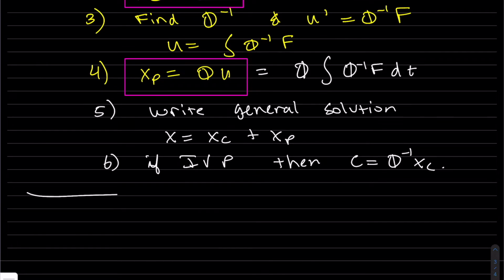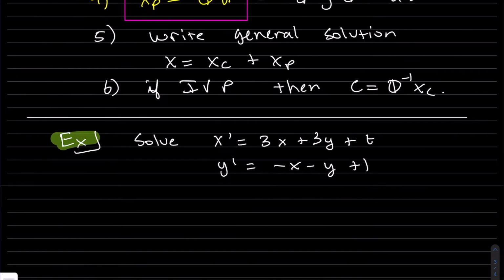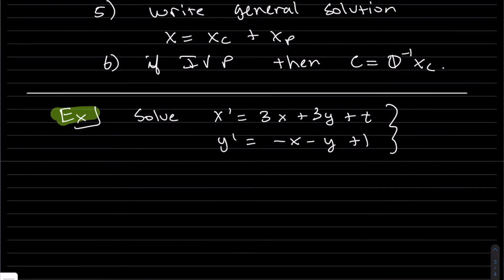Okay, let's do our example. So here's our system. That's a T. So this can be written as x prime.